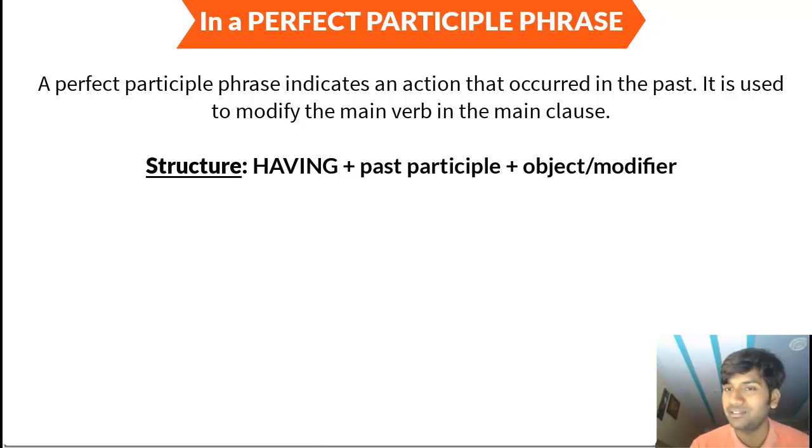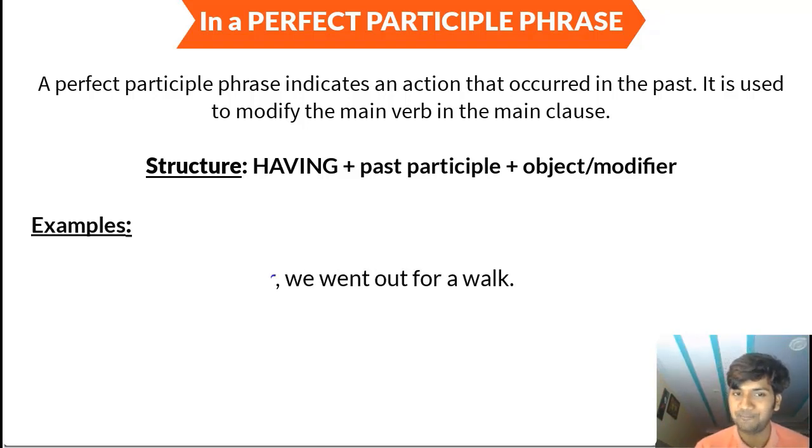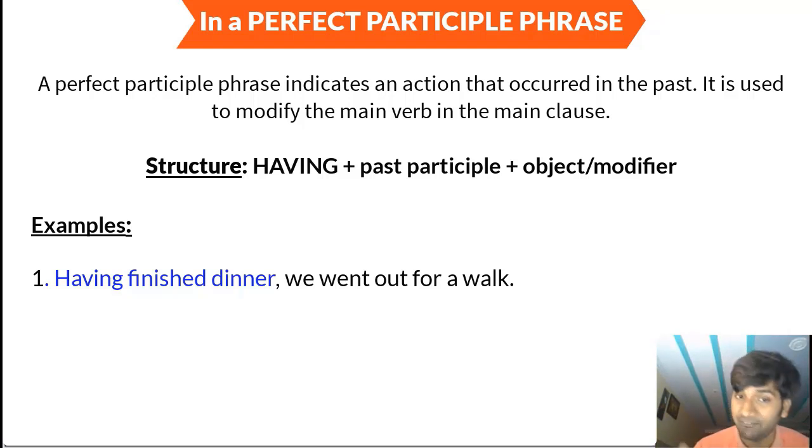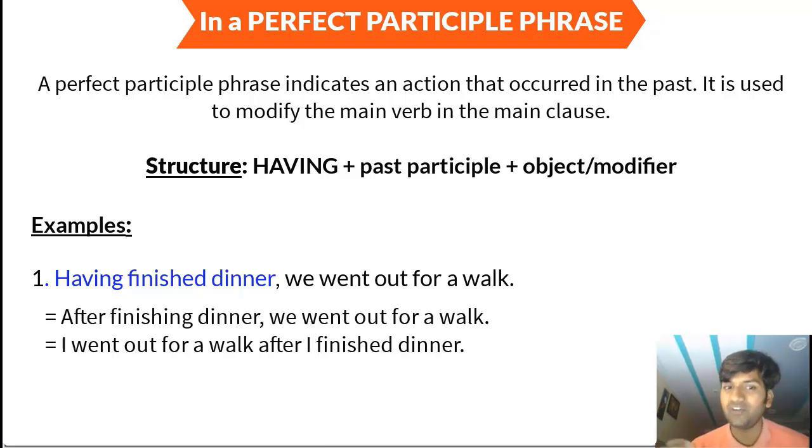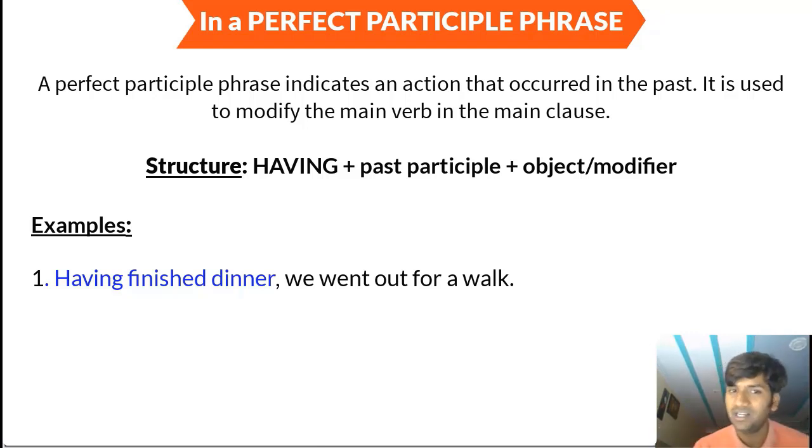Let's have some examples of the active voice. Okay, having finished dinner, we went out for a walk. Having done something, having finished dinner, right? After doing this, so this is what it means. The perfect participle phrase refers to an action that happened just before another action. This means this action happened first.